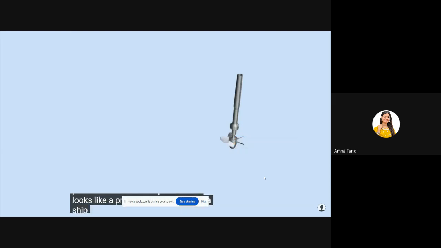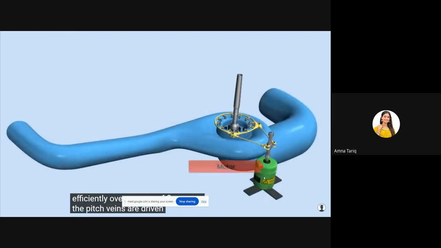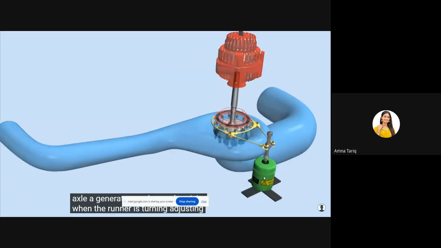This is also known as gravitational potential energy. With this potential energy, the stored water passes through an underground pipe.